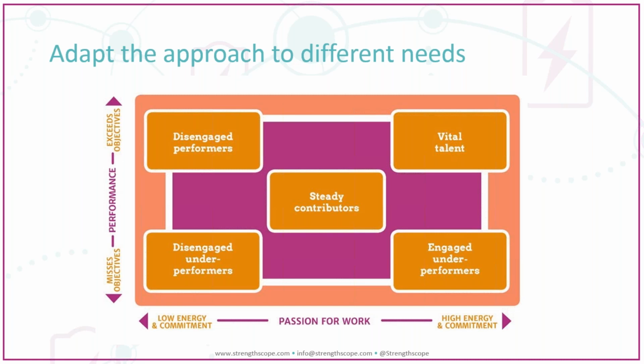So these are very, very different types of individuals and types of performance that managers are going to have to learn to deal with as effectively as possible to ultimately get as many people as possible into that vital talent category.